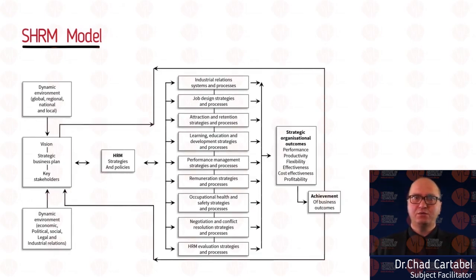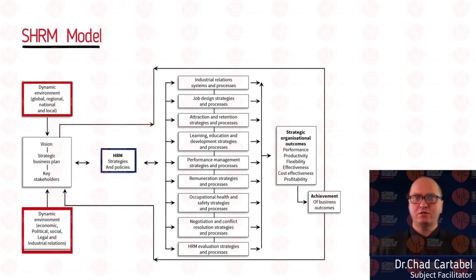The following model discusses an elaboration of strategic human resource model, a little bit similar to the Harvard model of human resource, but it takes it a bit further, whereby it discusses that human resource policies and procedures are affected in the beginning by the environment, adaptive environment around us, the external environment.